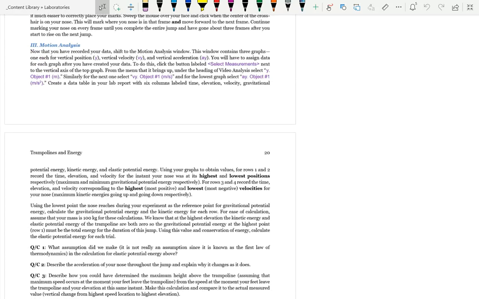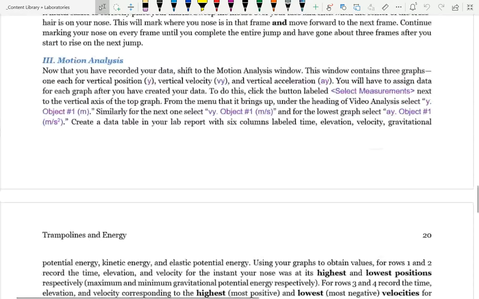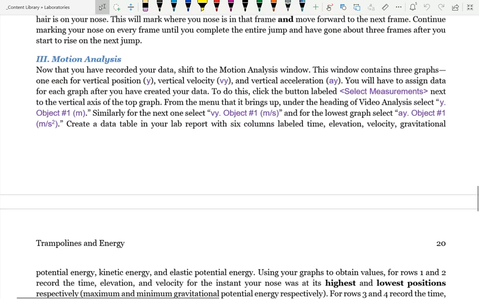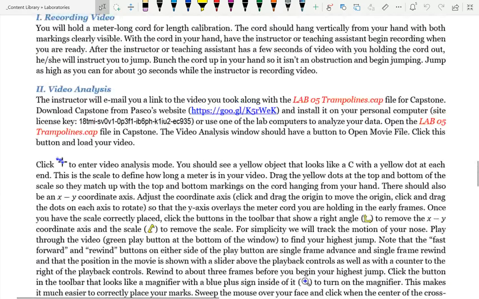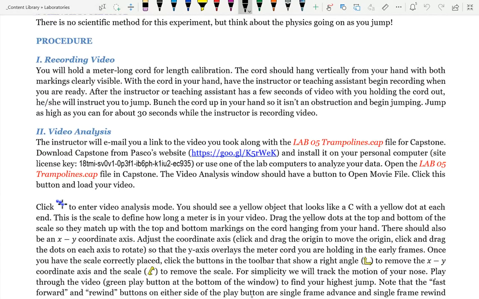Then there's the analysis part. And I did make some corrections in this, but just to get you started, remember that you need to download this file from Moodle. I moved it up so it's with the other lab stuff instead of down lower.